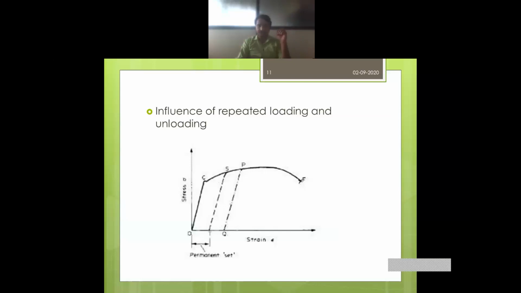What I mean is, we can calculate the Young's modulus E here also, here also, here also.